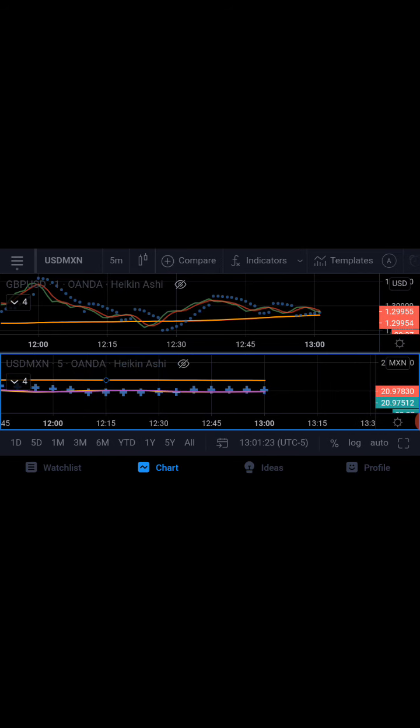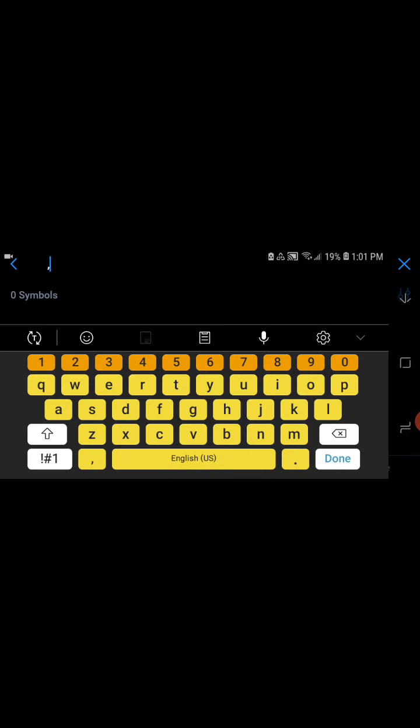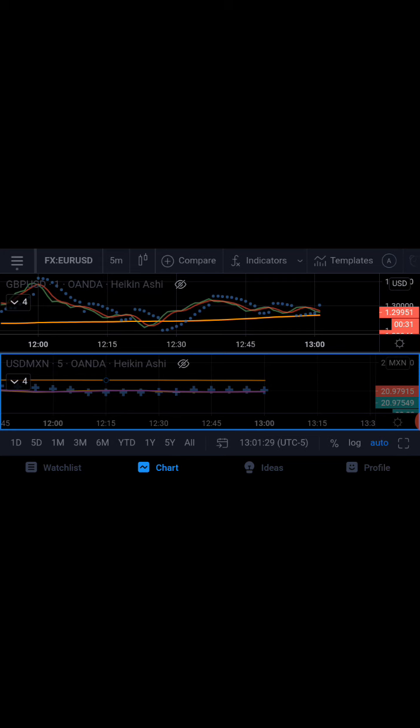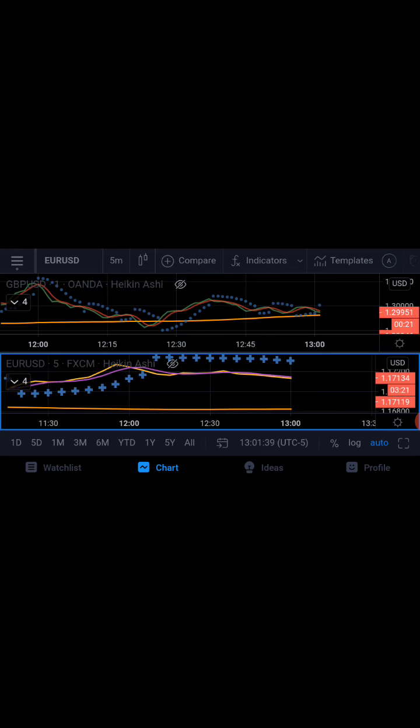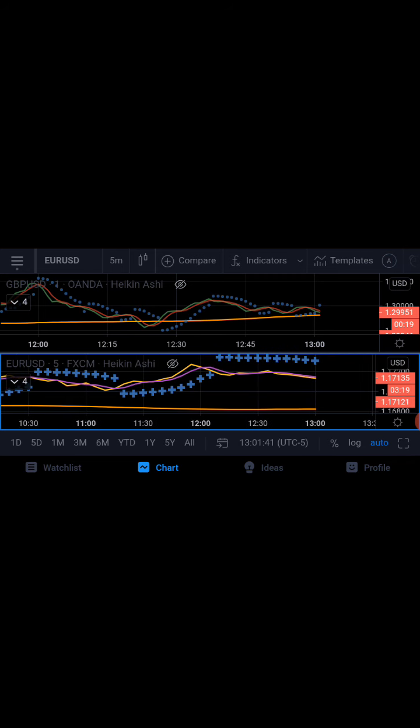But then this pair is also off. Give me a minute. I trade Euro, I trade United States dollar versus pesos because it's volatile, and you know, I make it work. So I match up the clocks. Try my best to match up the clocks.